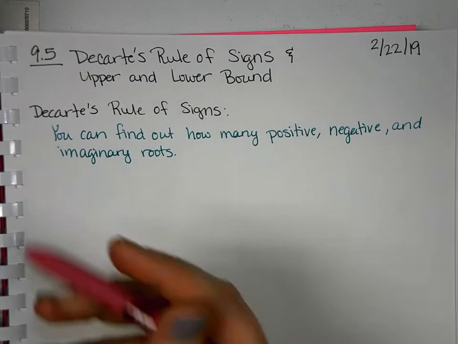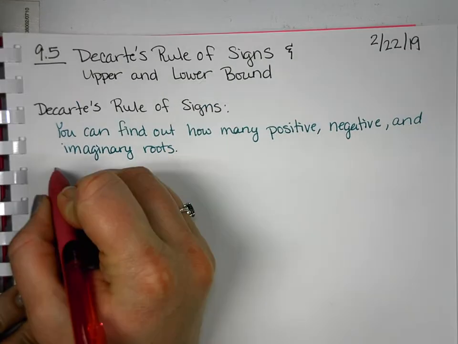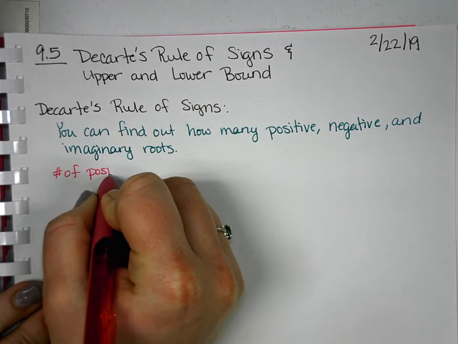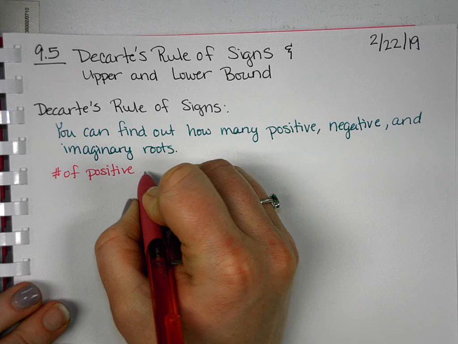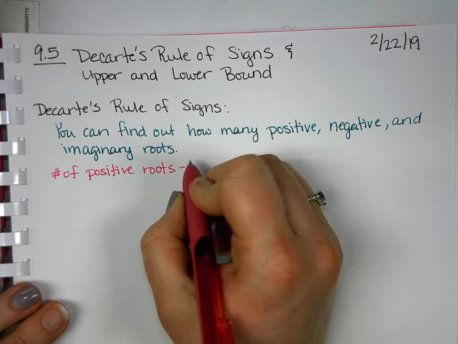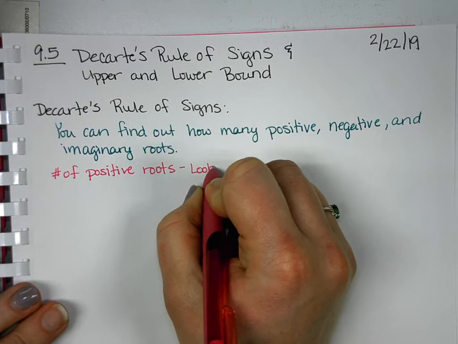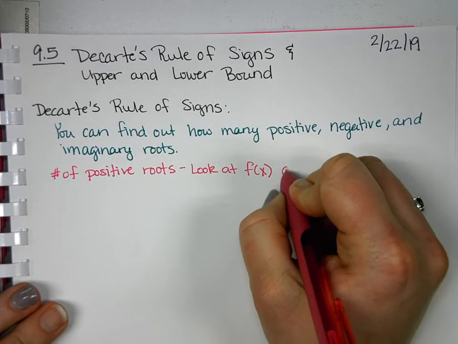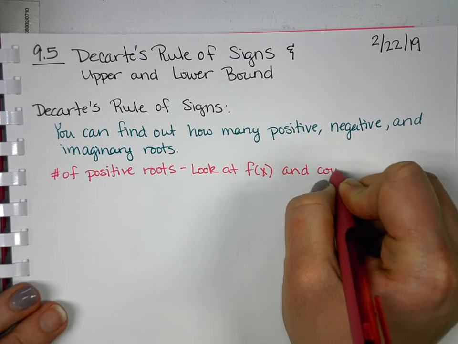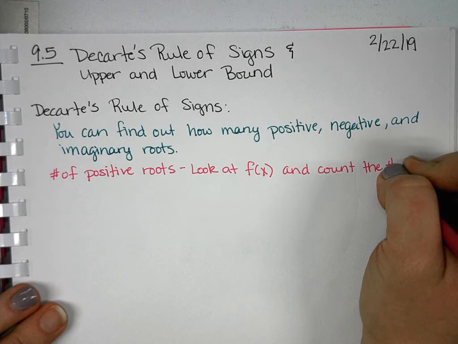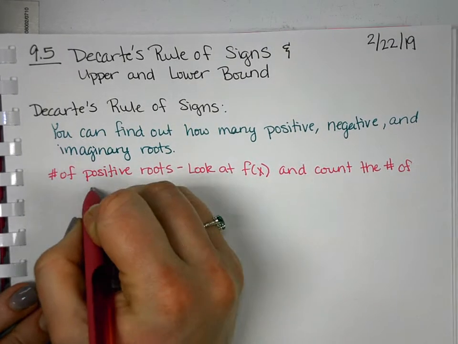The first is how to tell how many positive. So the number of positive roots, you look at your function f of x and count the number of sign changes.